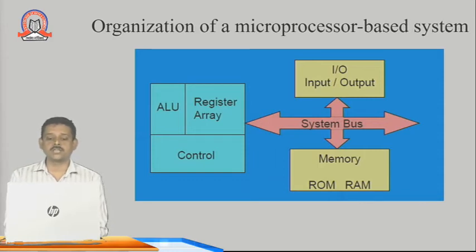As you can see, how the organization of a microprocessor based system works: in our diagram we have the ALU, that is the arithmetic logical unit, then the register array, then the control unit, which together make up our CPU. The IO, that is the input output device, gives a command through a system bus.